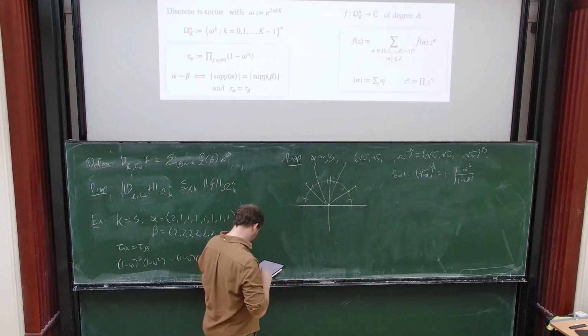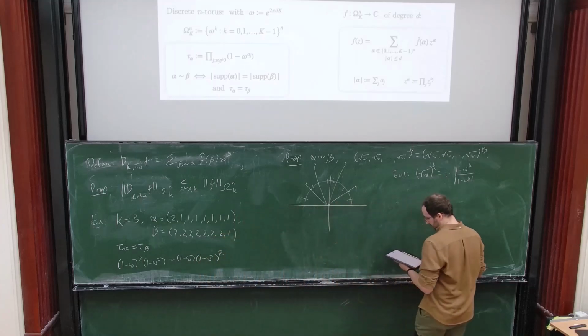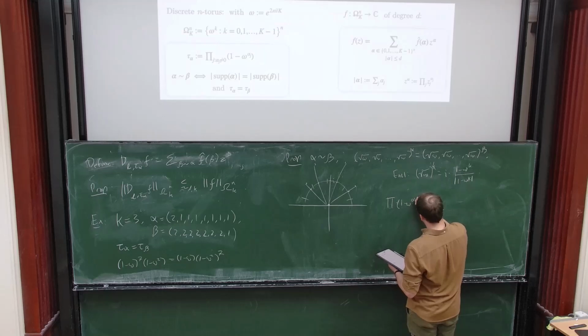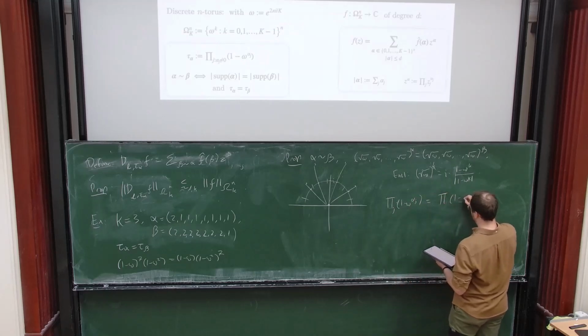So we have this little geometric fact, and what that means for tau alpha and tau beta is, well, beta j.